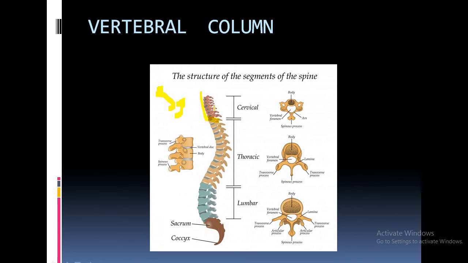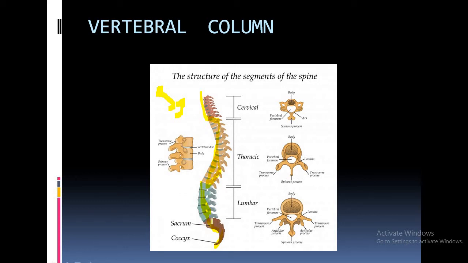The vertebrae in the neck region are cervical vertebrae. Those in the thoracic region are thoracic vertebrae. Those in the waist region are lumbar vertebrae, and below the lumbar vertebrae is the sacral vertebrae or sacrum, and at the last is the coccyx.